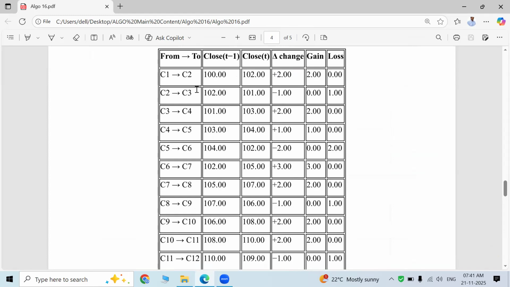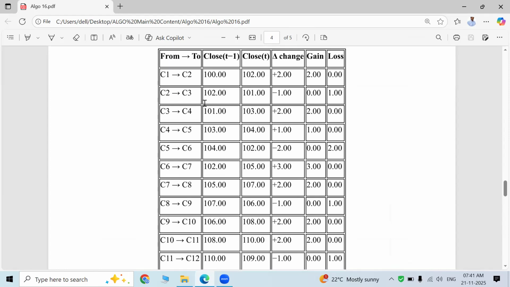Again, similarly, we are going to subtract again close minus the previous close, and here we get a loss. Okay, and we are going to write a loss also in positive because it is an absolute value.